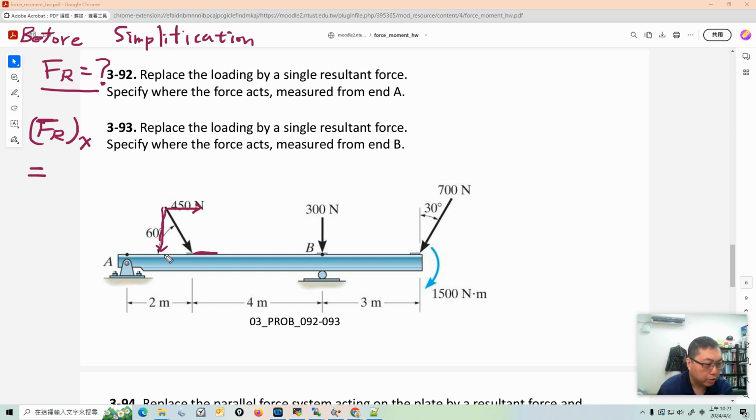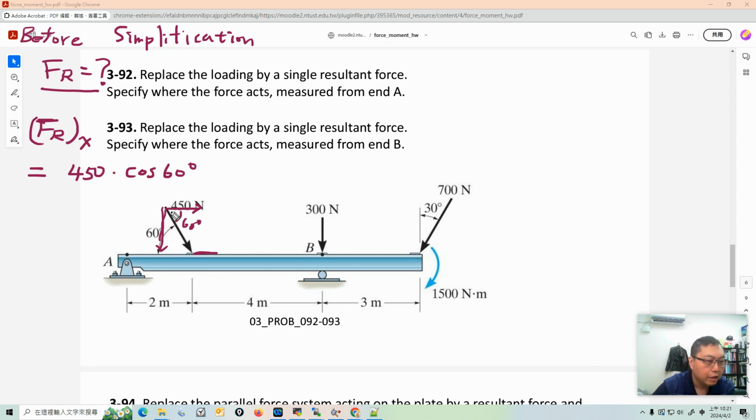Here is 60 degrees, so it's 450 times cosine 60 degrees, and it points to the right, so it's positive.